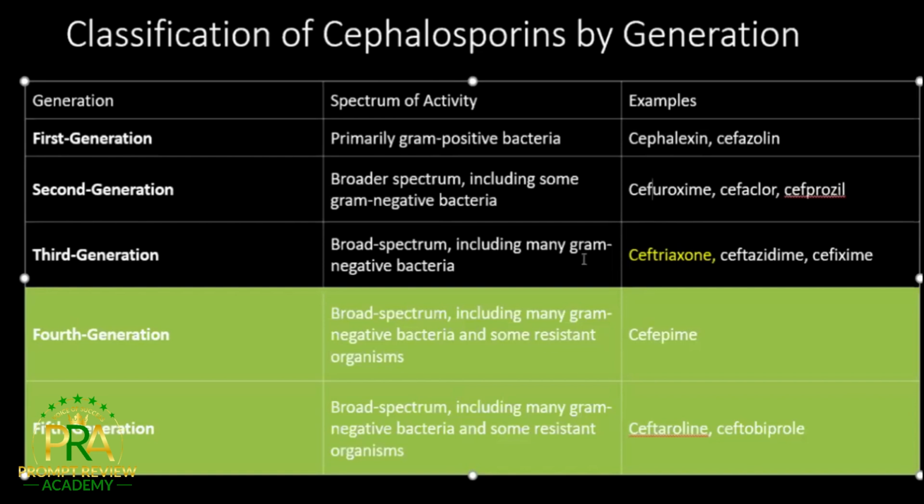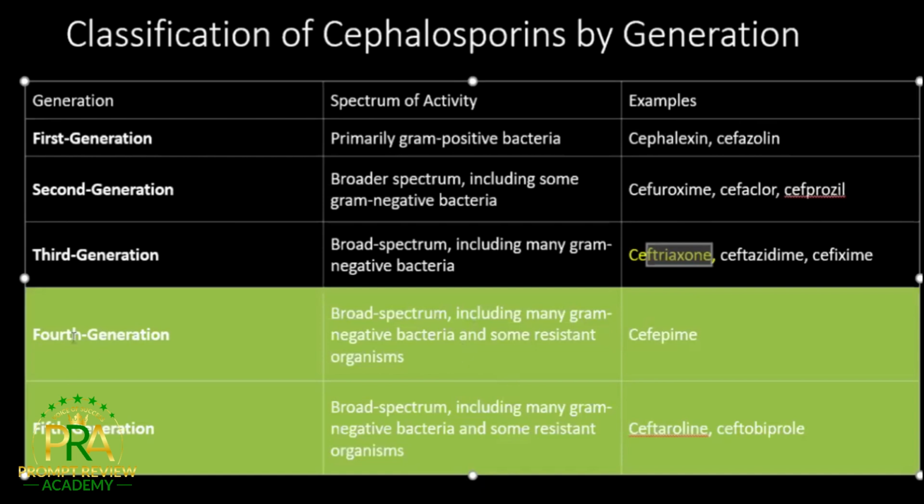Then you have your third generation, which is your ceftriaxone. I tell you the truth, cephalosporin is one of the medications you must know for the exam, because we use it for the treatment of STDs, for pneumonia, and for the skin. So a lot of conditions we use cephalosporin.